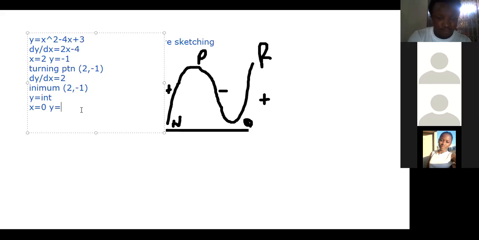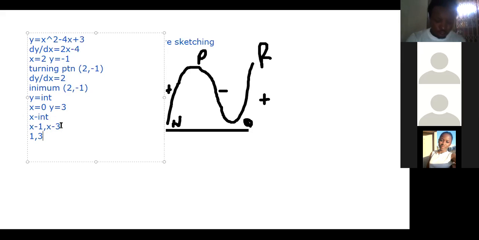I'm going to get y to be 3. Now, for the x-intercept, y is equal to 0. When y is equal to 0, you're going to get 2 values. I'm going to get x minus 1 and x minus 3, in other words, x equals 1 or 3.